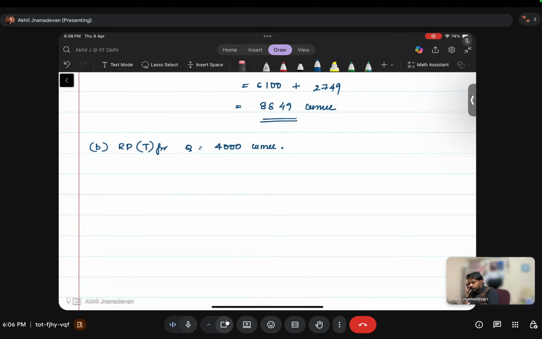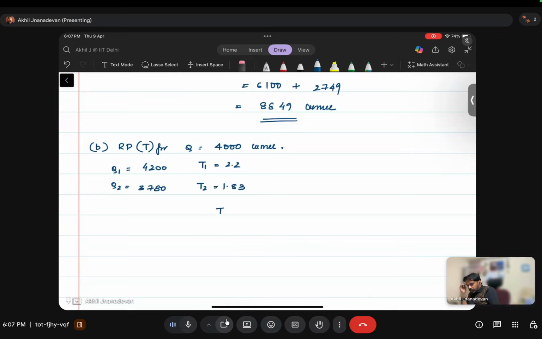That is also straightforward, right? So 4000 will lie between Q1, 4200, and Q2, 3780, whose return periods are T1 2.2 and T2 1.83.